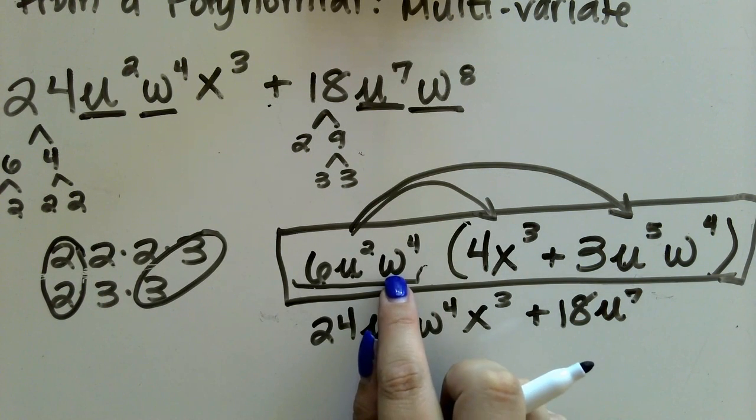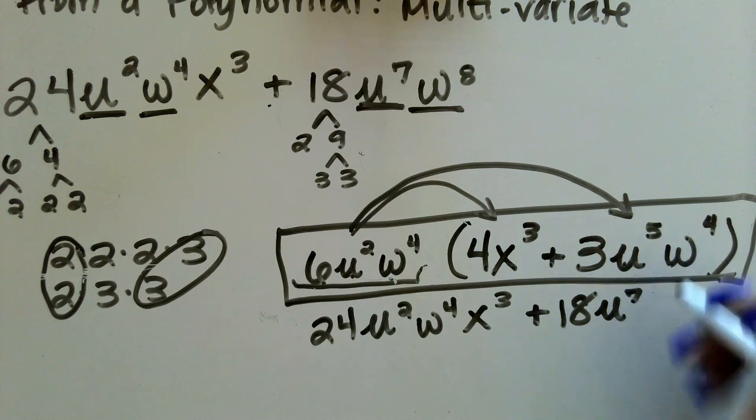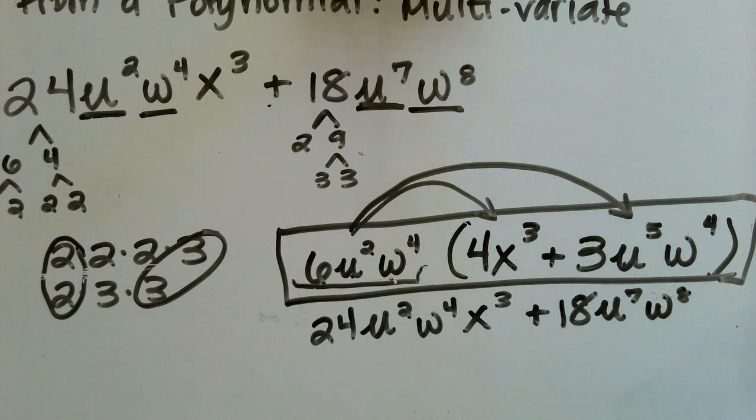And then again, w times w is w to the eighth. So in summary, yes, we have proven that we factored out 24u to the second, w to the fourth, x to the third, plus 18u to the seventh, w to the eighth, what's in our box right here. Awesome job.